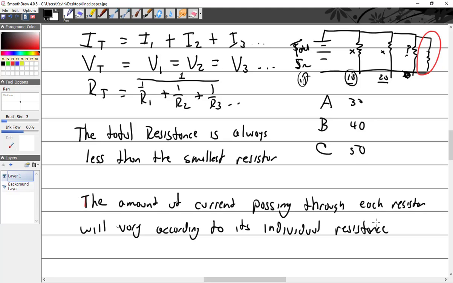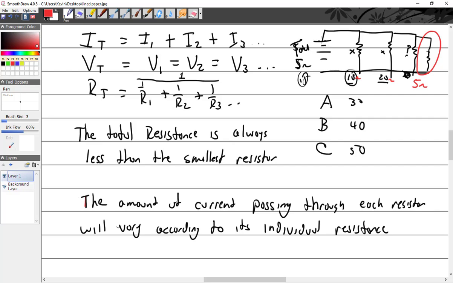And so Tom's point was, some people say things like, electricity will always follow the path of least resistance. He goes, don't say that. I don't. And the reason why you don't want to say that is because we could look back up here at this diagram. If I have 10 ohms and 20 ohms, and we'll say I have 5 ohms here, what's the least resistance? 5 ohms.